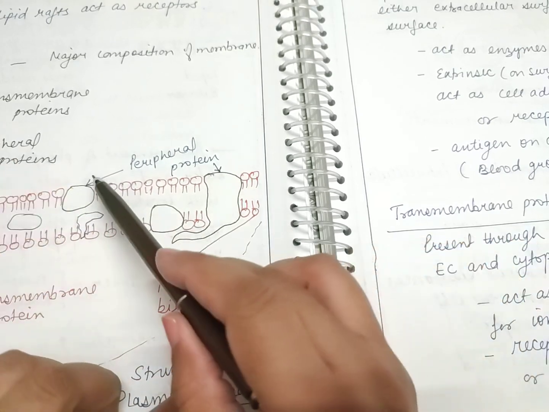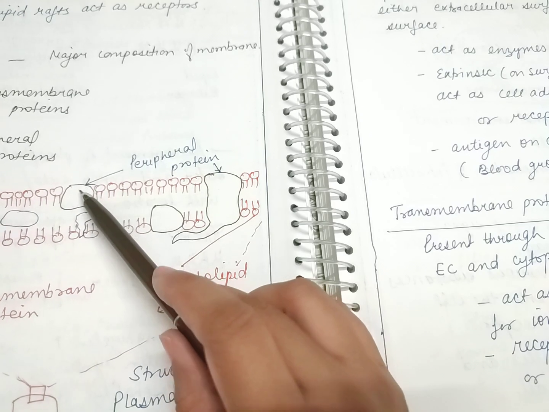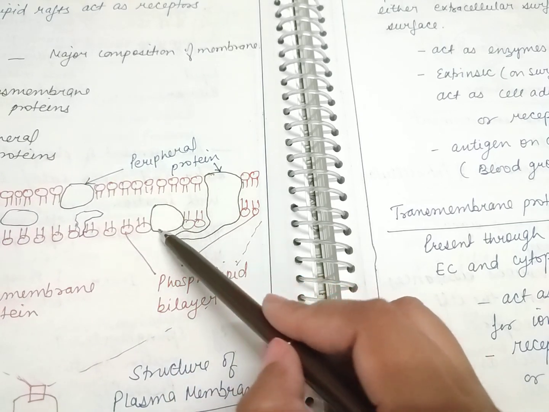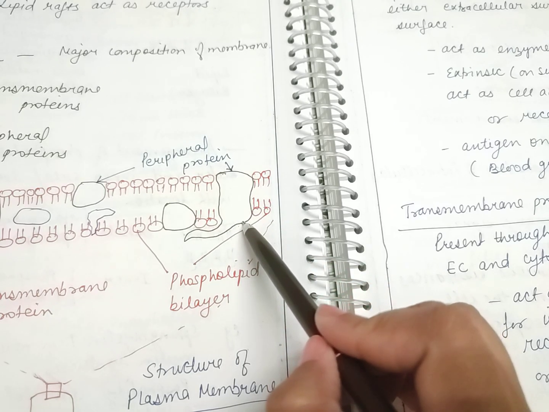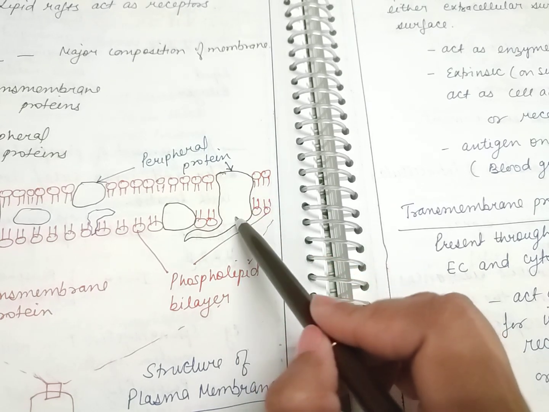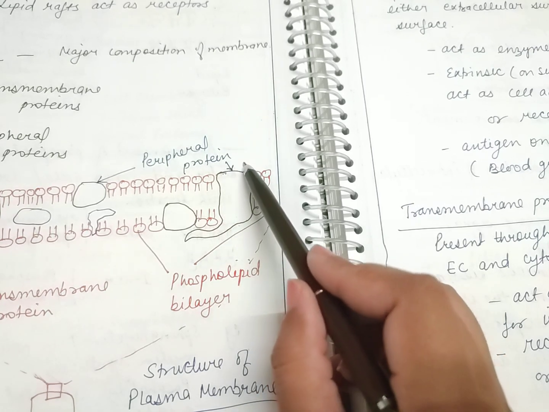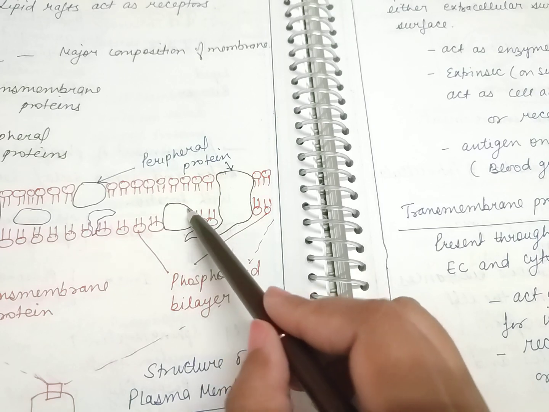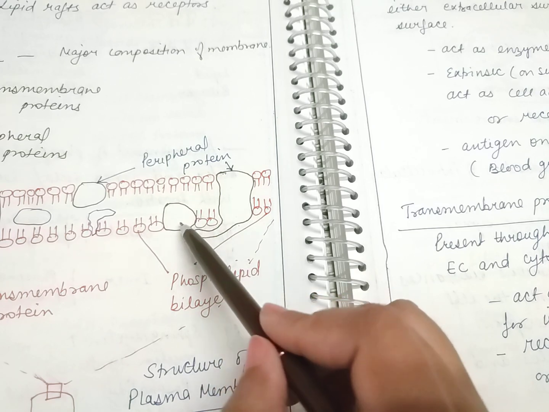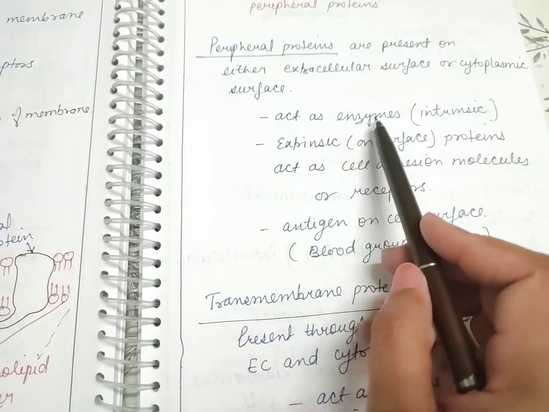So these peripheral proteins act as enzymes here. We have seen GPCR mediated signal transduction. There is a transmembrane protein, the G protein coupled receptor, and whenever a ligand binds on that, it is going to activate some other proteins present here. Those are enzymes basically. So peripheral proteins act as enzymes.